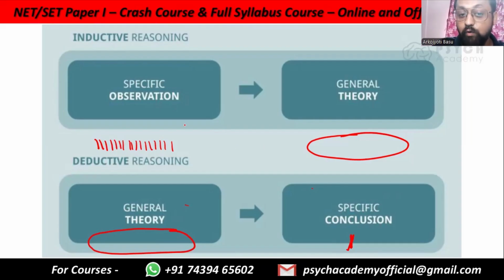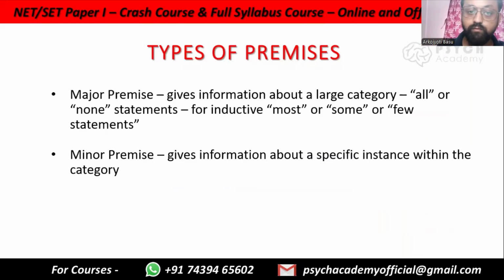So we first use inductive reasoning from instances to get to a general law. Then we use the general law to make a conclusion about a specific instance, that is deductive reasoning. In our practical life, we are using both of them.